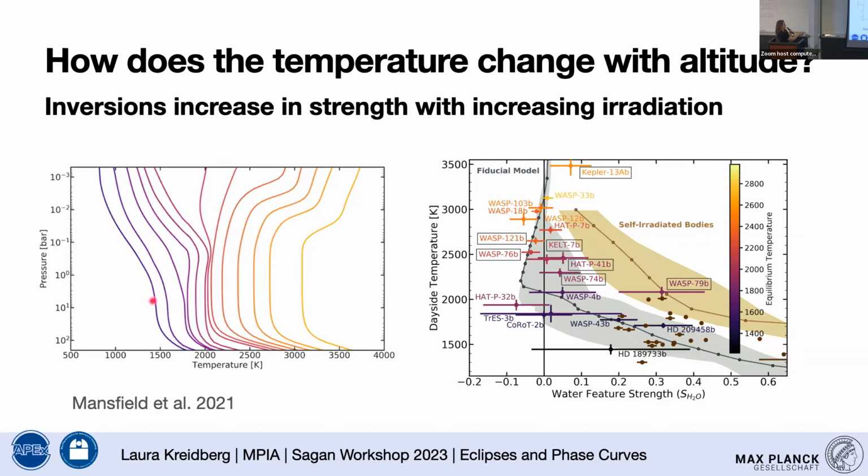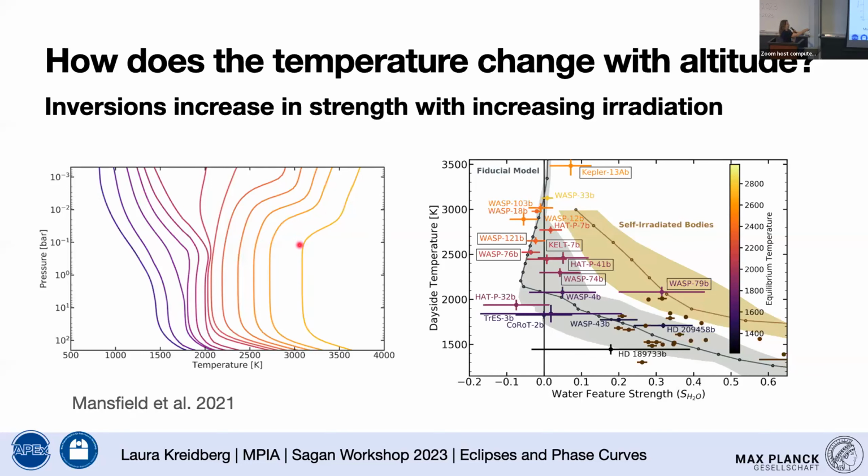So there's one regime here below about, I don't know, 1700 Kelvin equilibrium temperature, where the temperature decreases with altitude. There's a transition region in the middle where the atmosphere is almost completely isothermal. And then the hotter you get, the stronger your thermal inversion becomes.